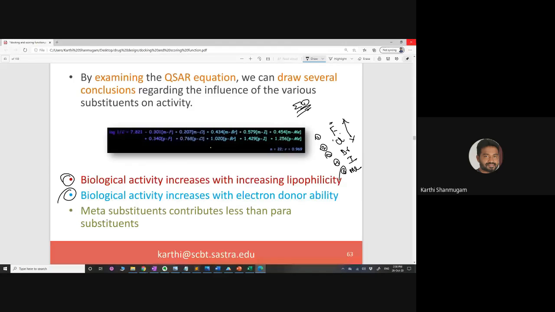Is my question understandable? Yes, sir. Can you say my question? No. Which of these is a strong electron donor? Yes, that's my question.